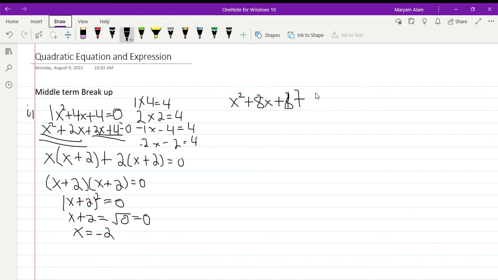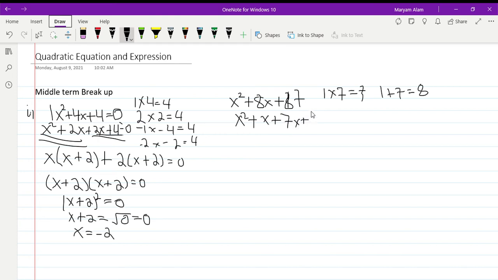So we have 1 into 7 is 7, and 1 plus 7 is equal to 8. So we will break down 8x into x plus 7x. So it will become x squared plus x plus 7x plus 7.